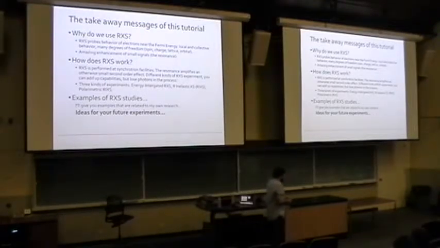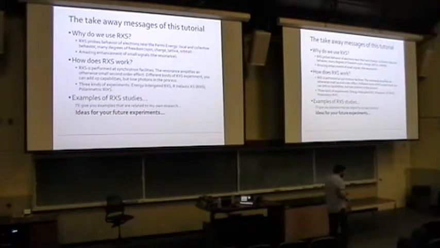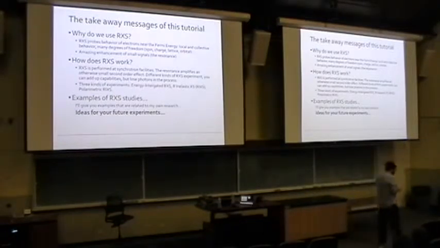Depending on the complexity of the resonant X-ray scattering experiment, you can have larger and larger degrees of complexity in how the experiment is done. I sort of divide them into three kinds here. What is called energy-integrated resonant X-ray scattering.